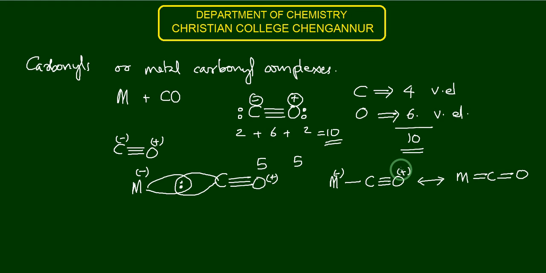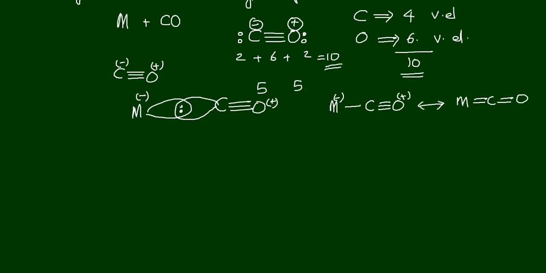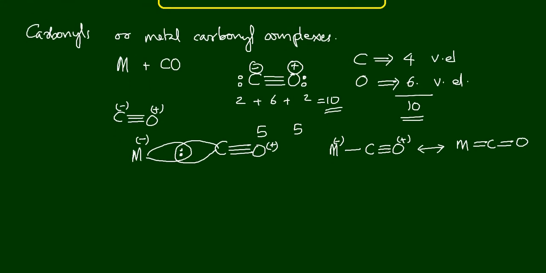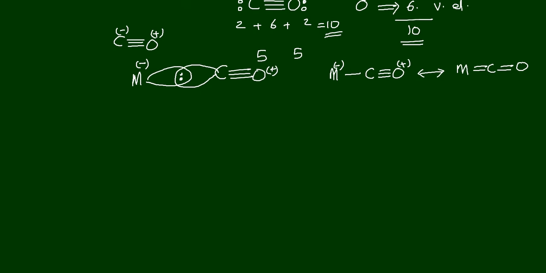Before proceeding to the details of the metal carbonyls, I am going to give only an introduction in this topic. We have to learn certain common features of the metal carbonyls, or some interesting chemistry regarding them. First of all, you have to understand that carbon monoxide is not a very good Lewis base.